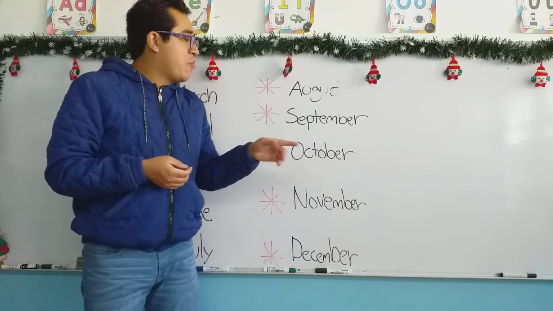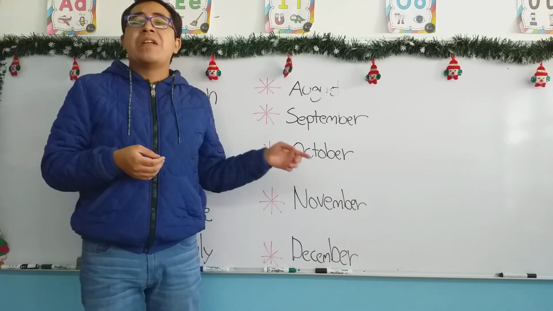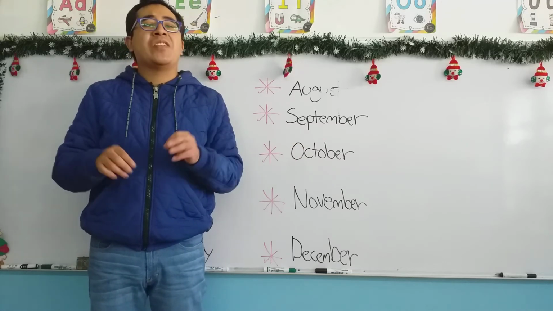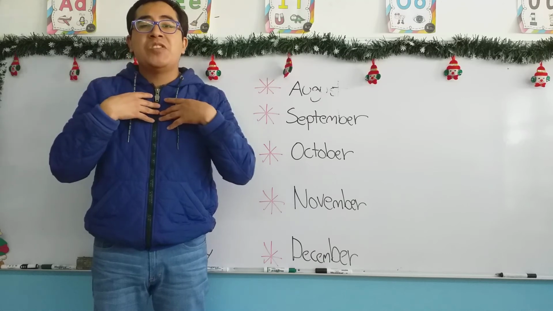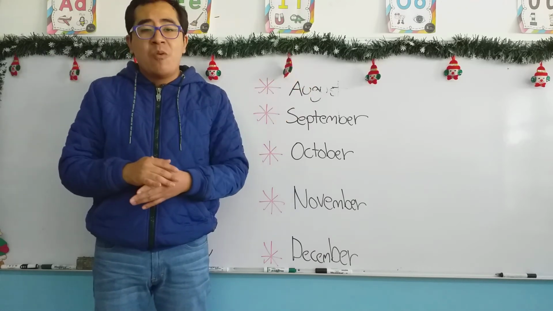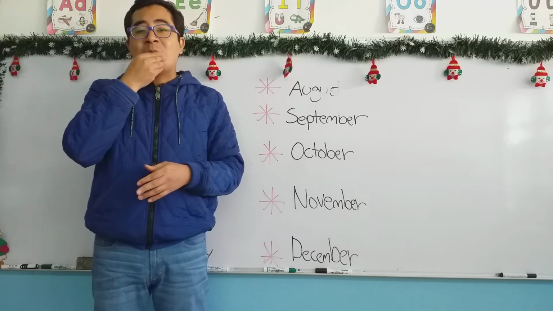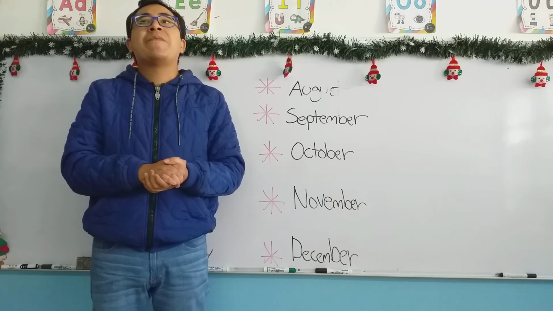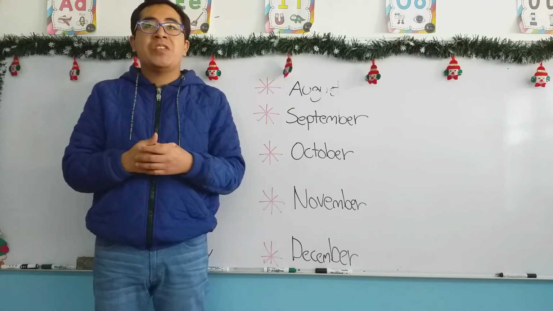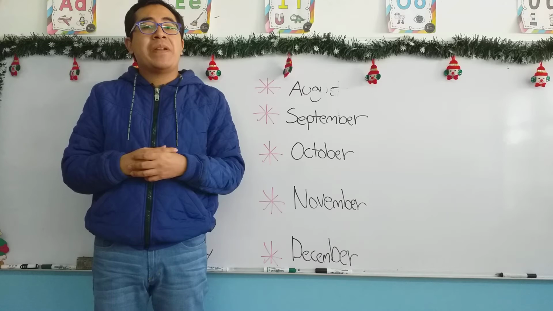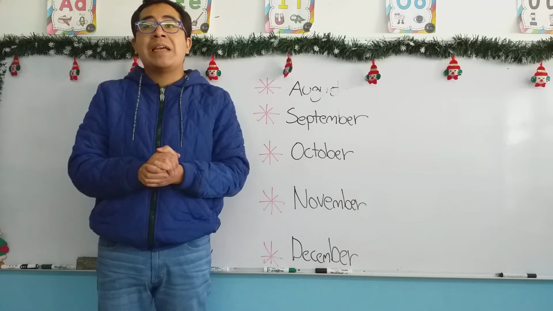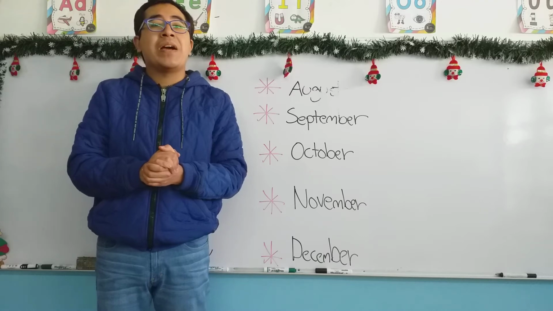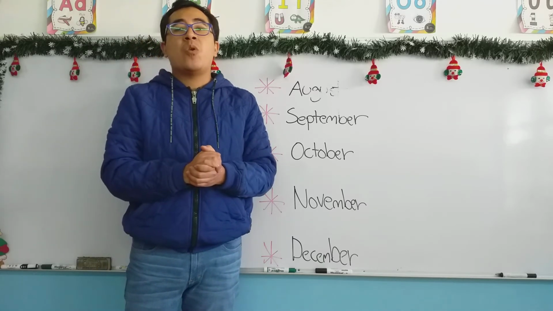We continue with October. Now, for October, we have a special celebration and probably my favorite season of all, Halloween. Para el día de octubre tenemos pues una fecha importante, una fecha para celebrar y es mi fecha preferida. Tenemos el Halloween, okay, el día de brujas, el 31 de octubre.